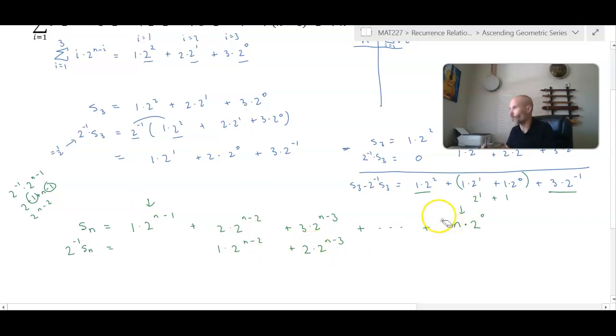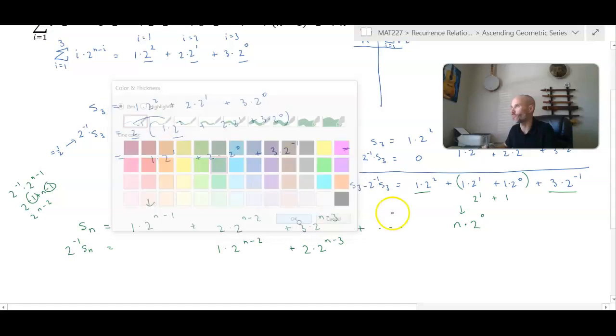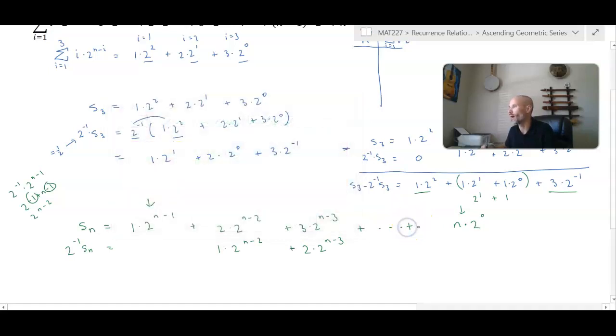Maybe I should write in one more term here, just to show how everything shifts over towards the end. We'll have n minus 1 times 2 to the first, okay, and then this is the last term over here. So ultimately, if we imagine the term before it, it'll be n minus 2 times 2 squared.